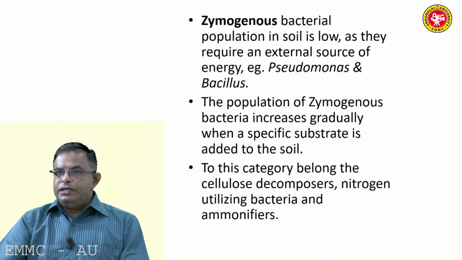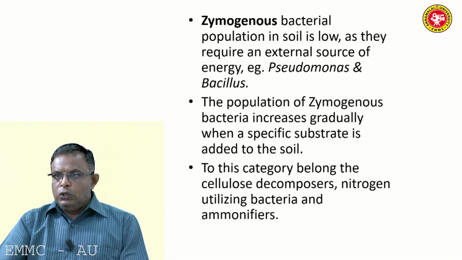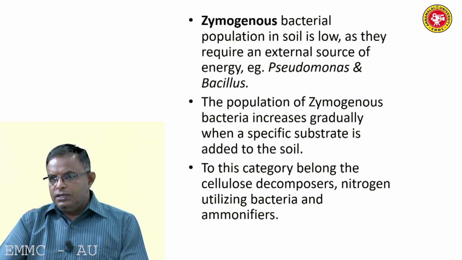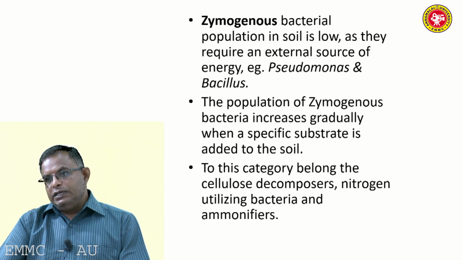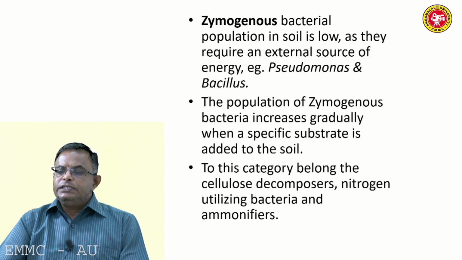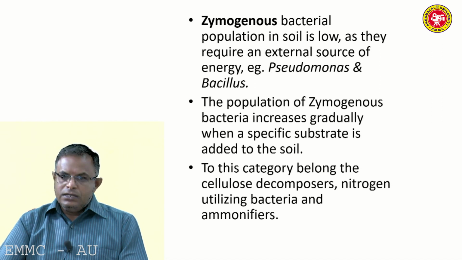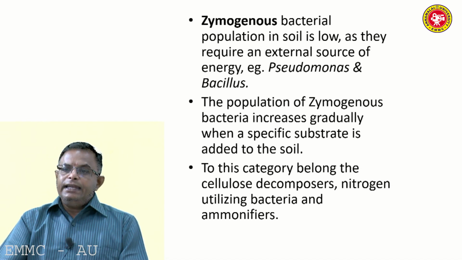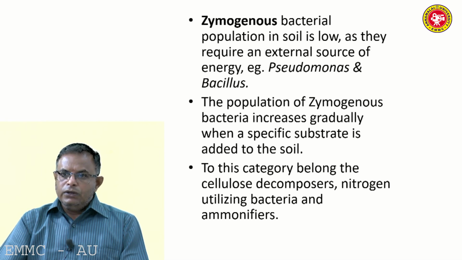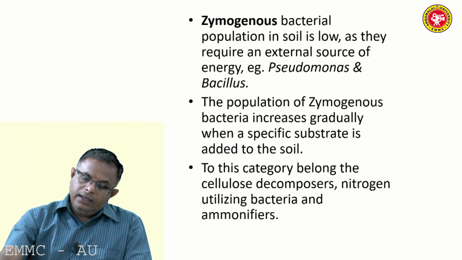The zymogenous bacterial population in soil is very low, as they require an external source of energy, for example Pseudomonas and Bacillus. The population of zymogenous bacteria increases gradually when a specific substrate is added to the soil. To this category belong cellulose decomposers, nitrogen utilizing bacteria and ammonifiers.